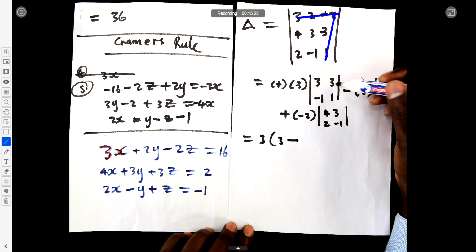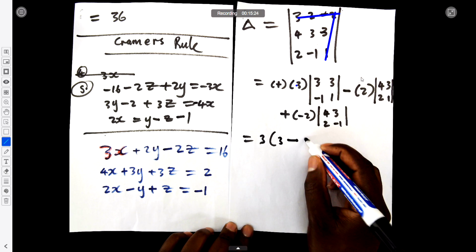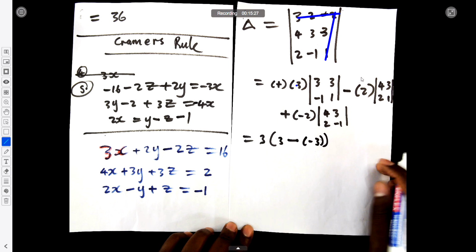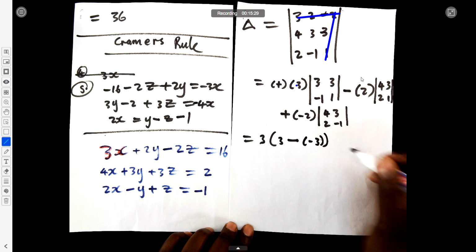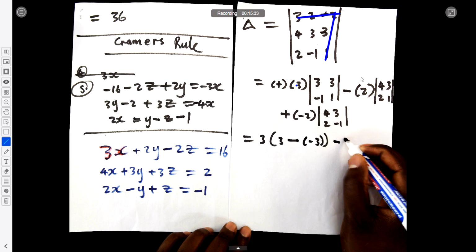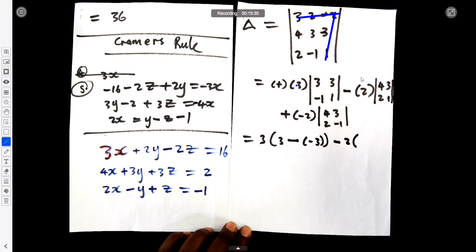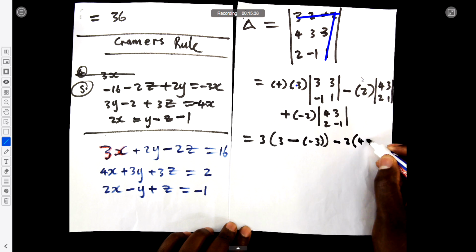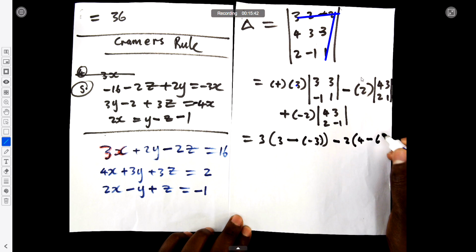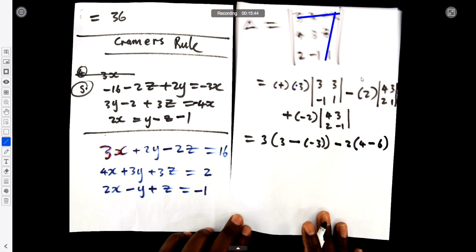So negative 1 times 3, negative 3. Move on to the second term. We're going to have negative 2 in bracket 4 times 1, which is 4. Therefore, minus 2 times 3. So we'll have 6. Close bracket.